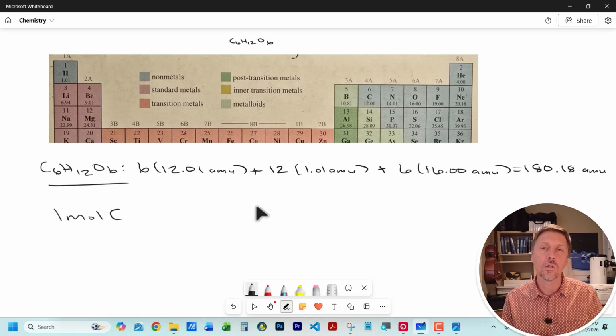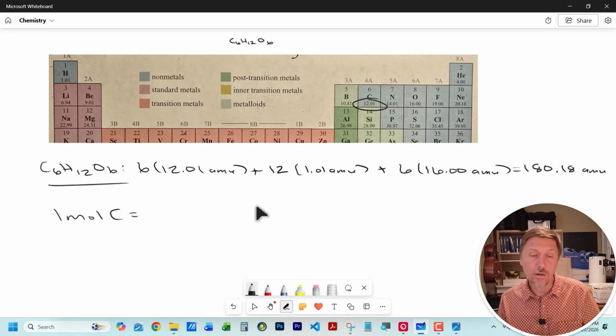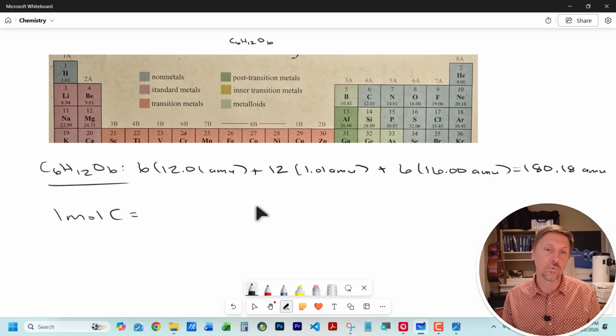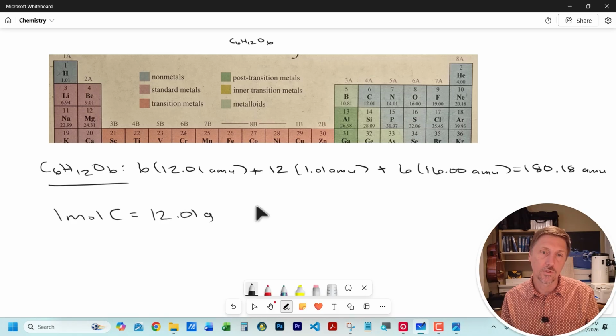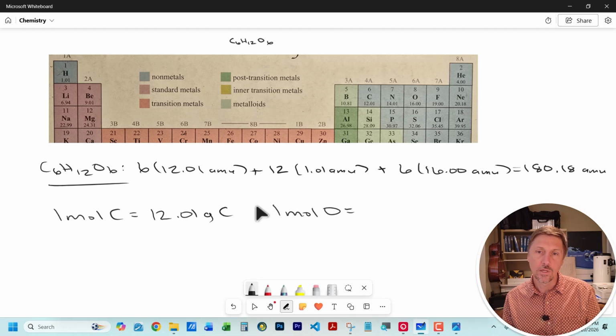So 1 mole of carbon atoms is equal to 12.01 grams of carbon. Similarly, 1 mole of oxygen atoms would be equal to 16.00 grams of oxygen atoms.